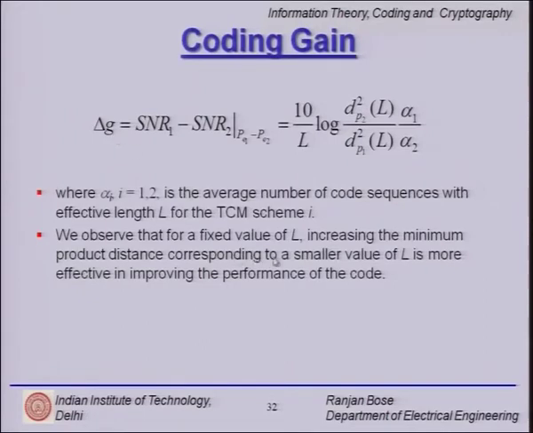So, on one side you have to increase L, but when you are tweaking the code, the gain will be more if the increase is for a smaller L, because L is also here. And please note that the product distance squared is in the logarithm, whereas this is inversely proportional.